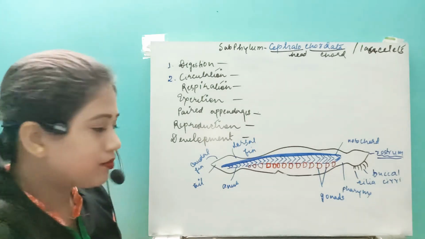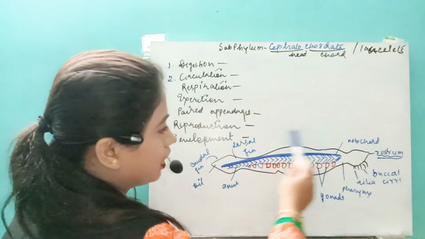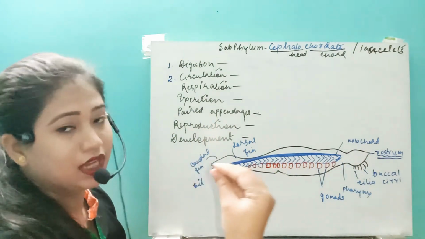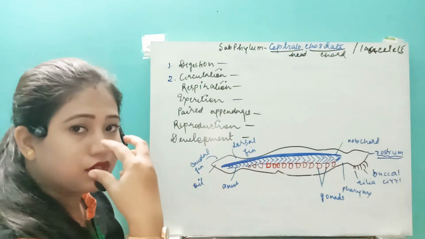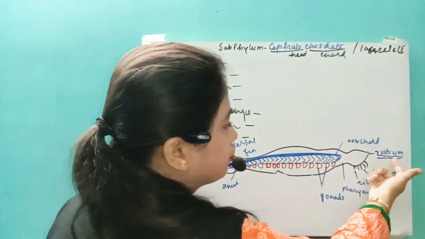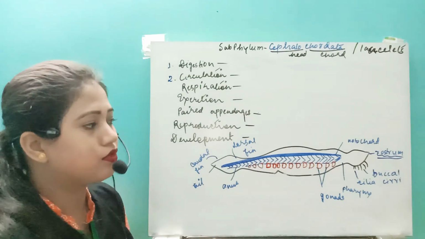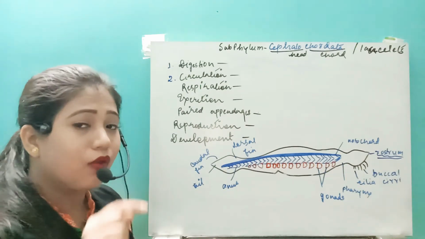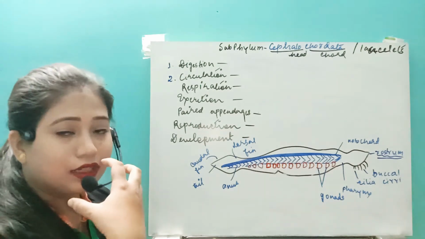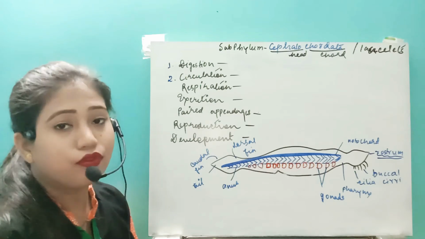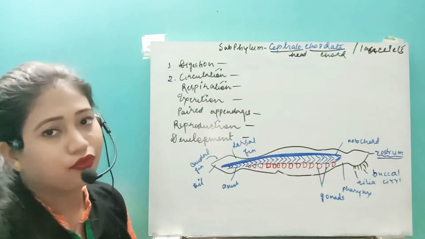Now, whenever it comes to digestion, if you see this organism, first of all, this anteriormost region will have a hood-like structure that is known as rostra. And just behind that, posteriorly, it is going to have the mouth. But this mouth is covered by a number of cilia, and those cilia will separate the food from the other non-food particle.